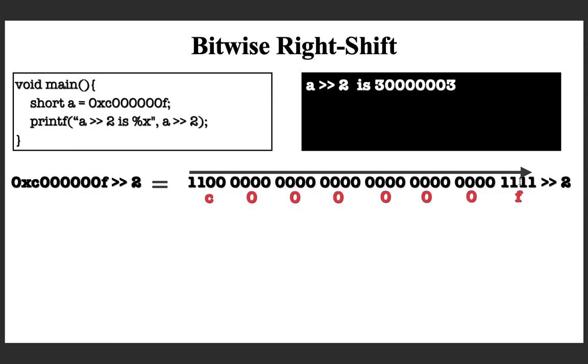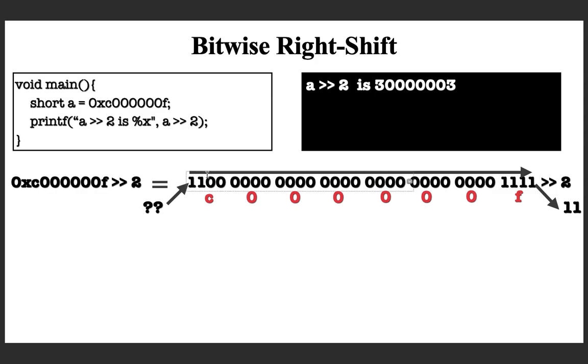So what will happen? The last 2 digits will go out. That is right shifting. These 2 ones will come here. Now the question is, you want to fill two positions here as a consequence, because you have performed a right shift for two positions. So what bit values will come here?